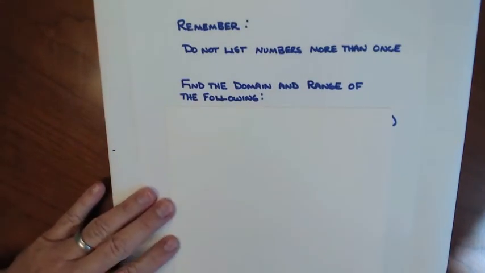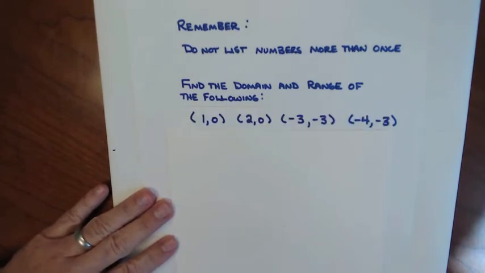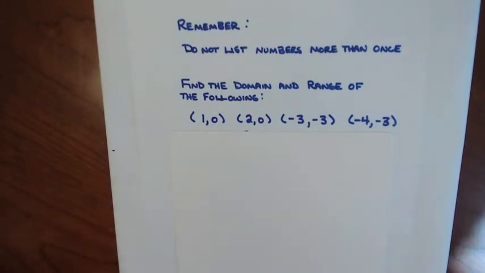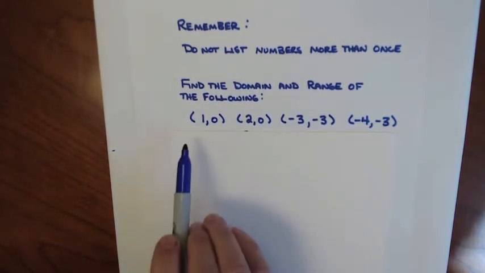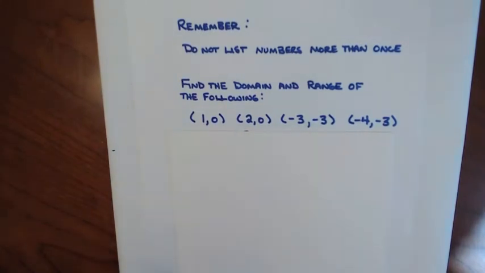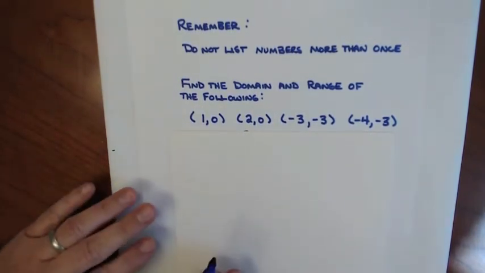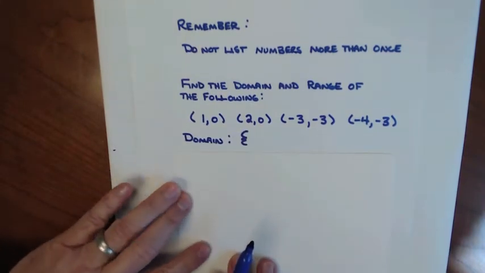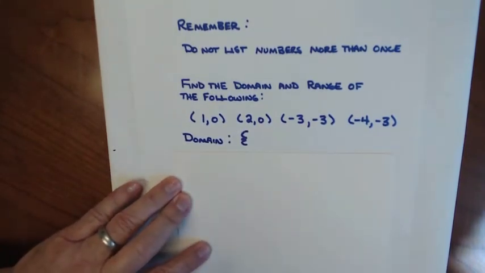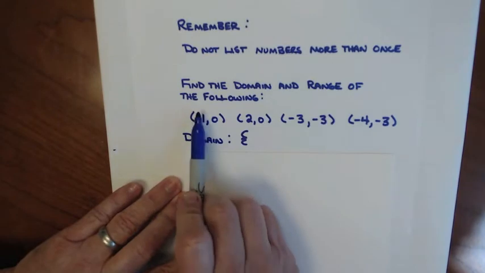We're going to find the domain and the range of these points right here. So remember, the first number will always be your domain, because this is your x values. Your range will always be that second number that they give you. So I'm going to look at all my x values and list them.